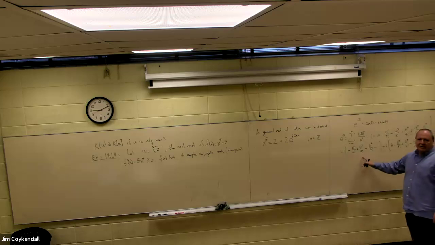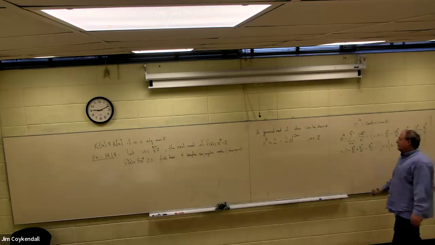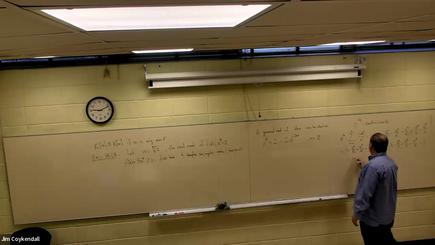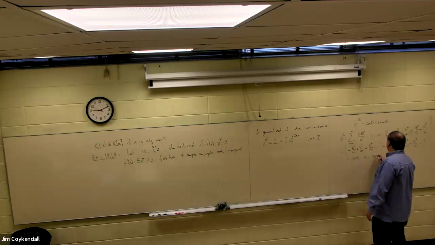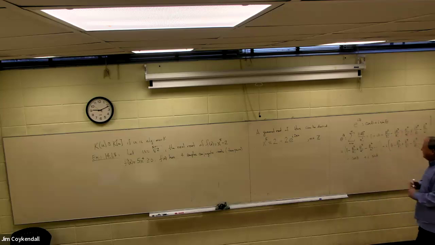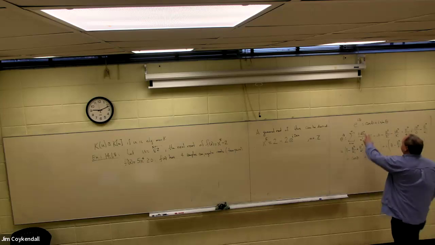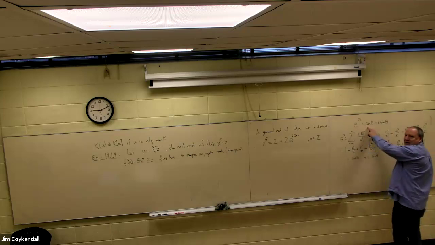Anybody recognize the series? It's a series for cosine theta. And this is a series for sine theta. So in particular, this gives rise to this interesting e to the i pi is equal to -1.